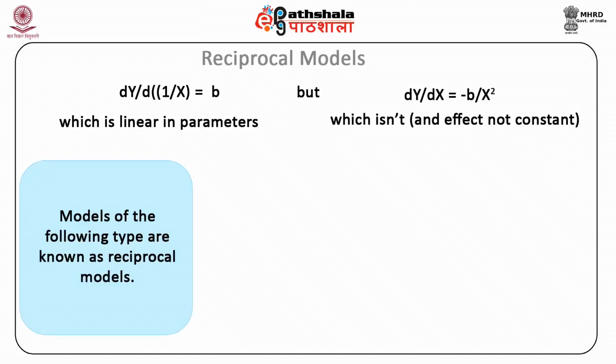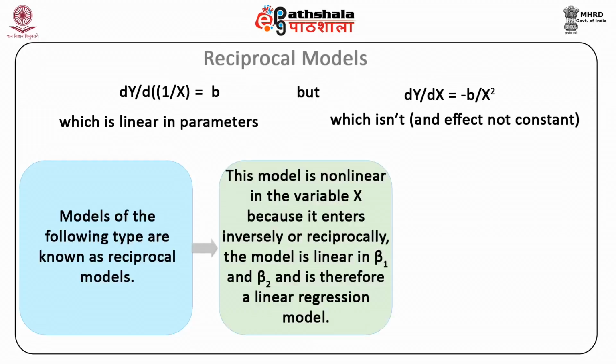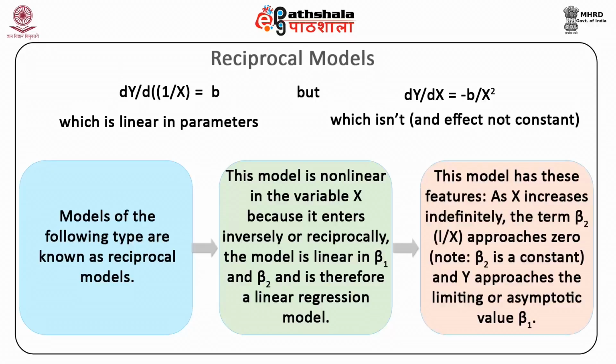Now, models of the following type are known as reciprocal models. Although this model is non-linear in the variable x because it enters inversely or reciprocally, the model is linear in beta 1 and beta 2 and is therefore a linear regression model. Now, this model has these features.